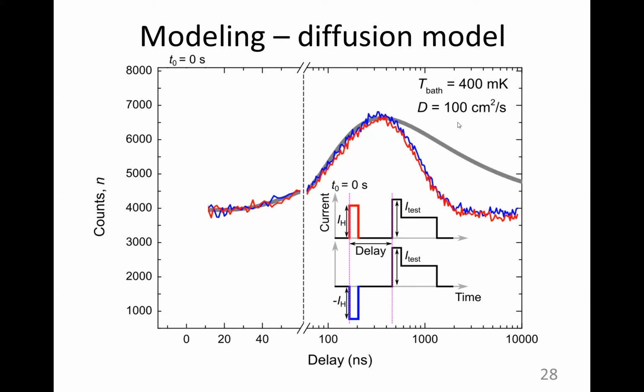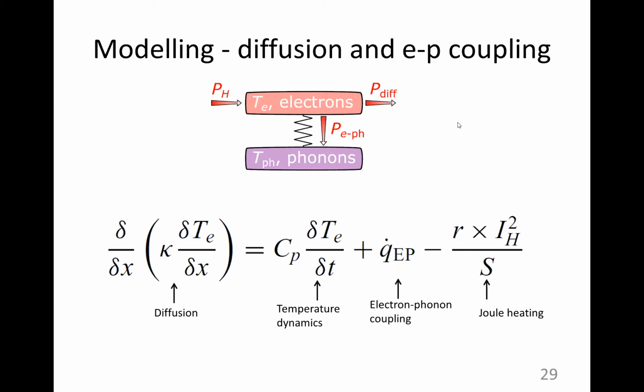And the reason for this deviation is the same reason that the heating amplitude in the temperature sweep of diffusion profiles changed. So this is electron-phonon coupling, and now I'm going to include the electron-phonon coupling in the modeling. So we have a diffusion channel. Electrons can diffuse through the area of our interest, and they can diffuse away also.